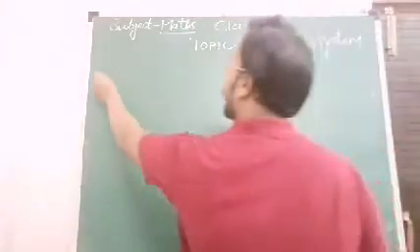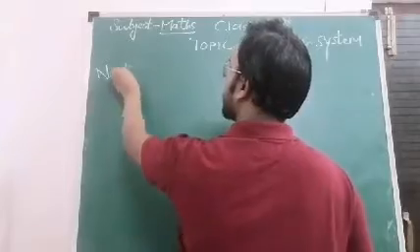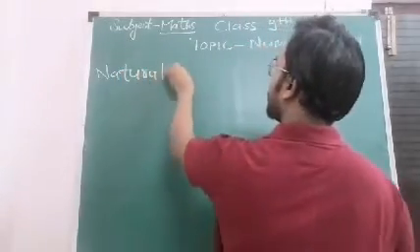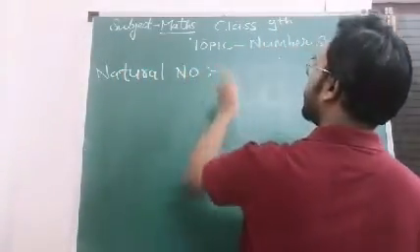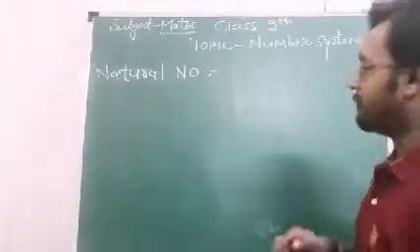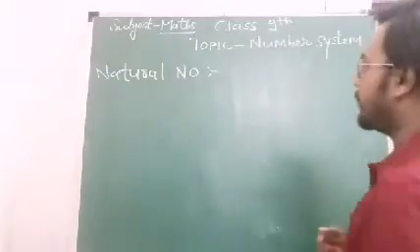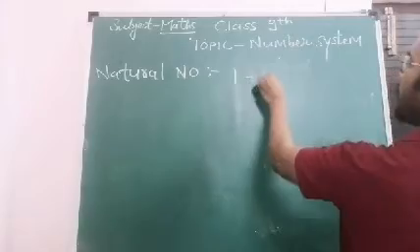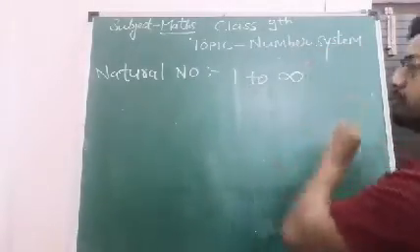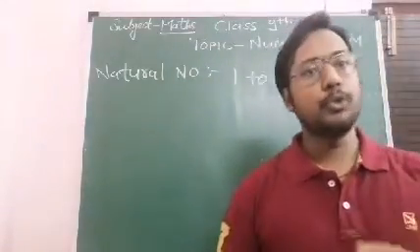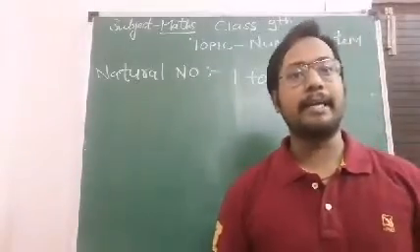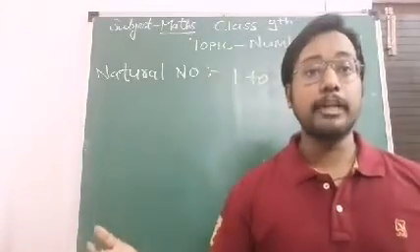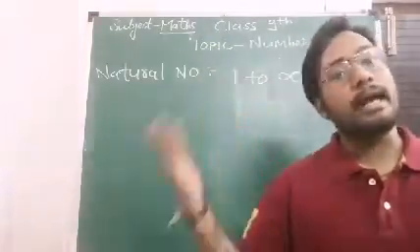So first, what are natural numbers? Natural numbers are basically counting from 1. So we can say from 1 to infinity, because 1, 2, 3, 4, 5, 6, 7, 8 goes on to infinity. Infinity means it goes till the last.